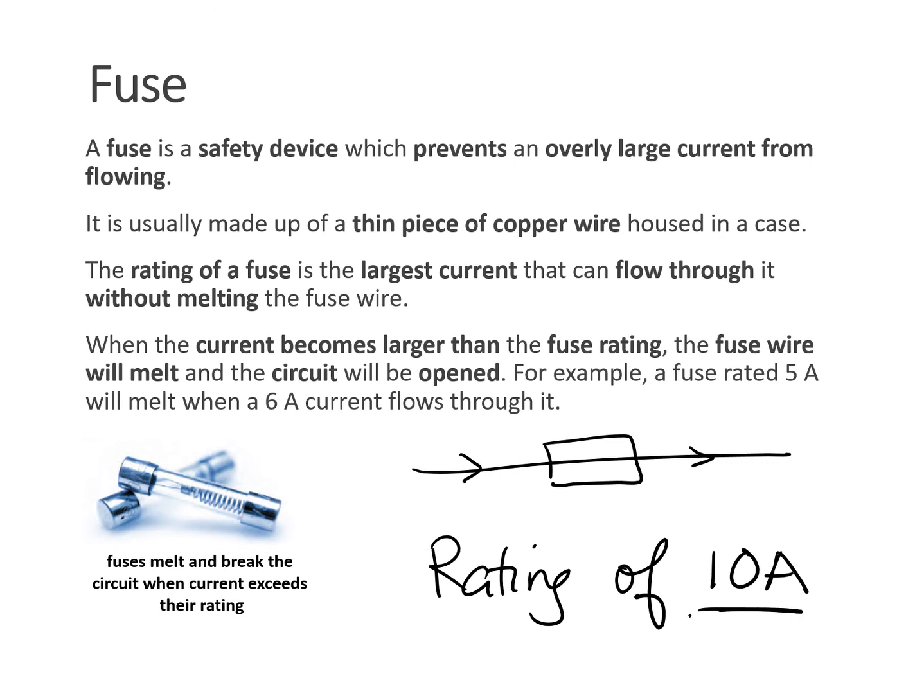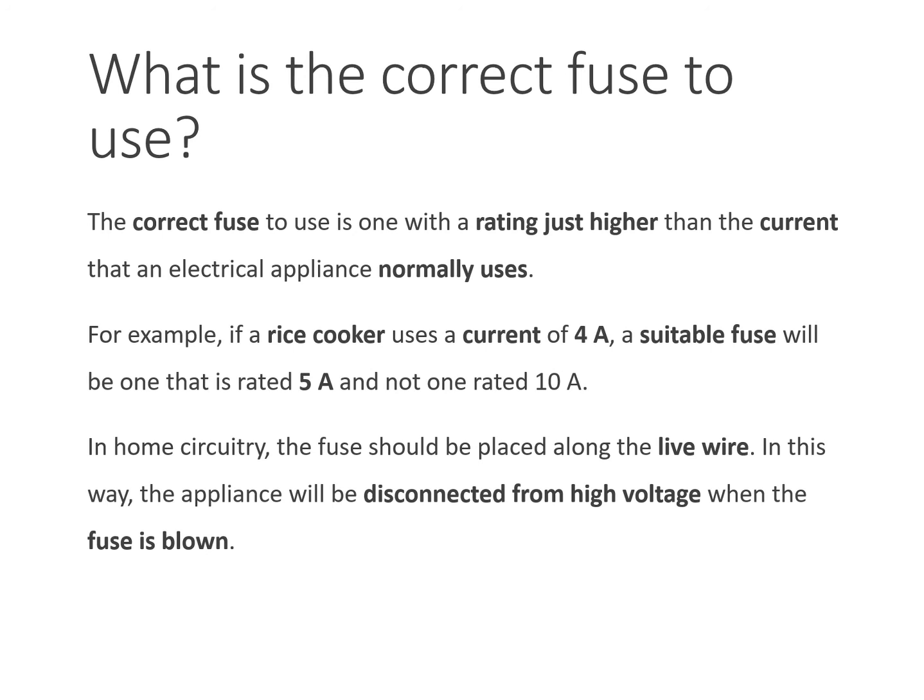Anything that's more than 10, then you find that your circuit will be broken, so no more current can flow through. So that is the meaning of rating. That means the largest current that a fuse will allow to flow through. Anything larger, the wire inside will melt.